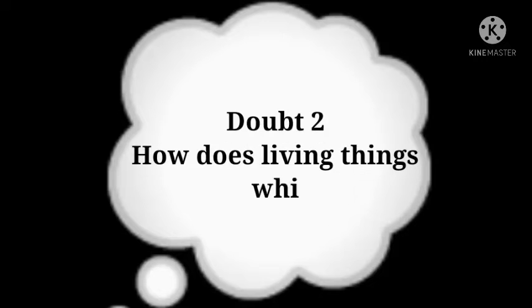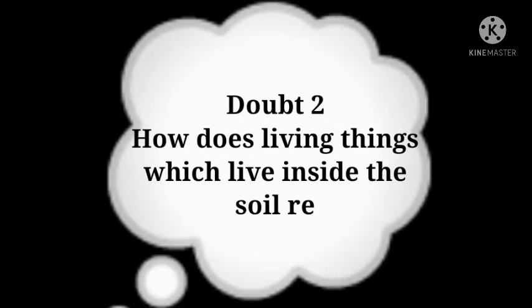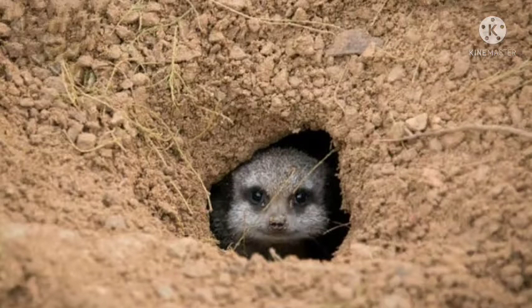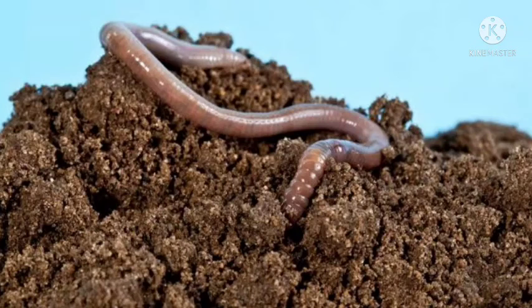How do the living things which live inside the soil respire? It's a good question. Living things also need oxygen to respire. They breathe oxygen that is trapped in the pores of the soil. Example, earthworm.